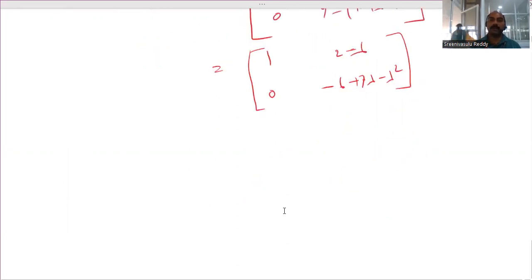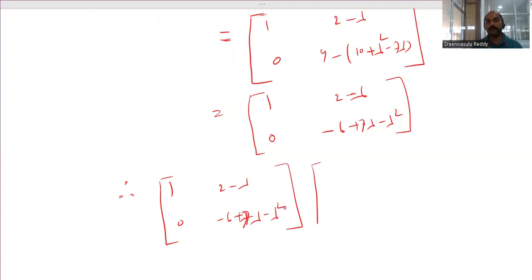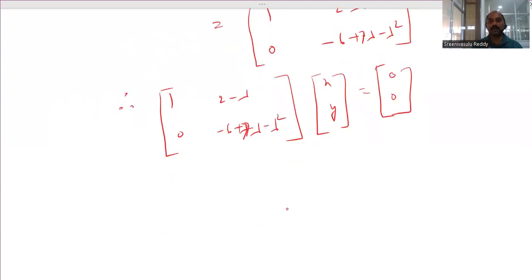Now, once again convert this system into equations. Therefore, 1, 2 minus lambda, 0, minus 6 plus 7 lambda minus lambda square, into x, y equal to 0, 0. Convert this system into equations form once again.